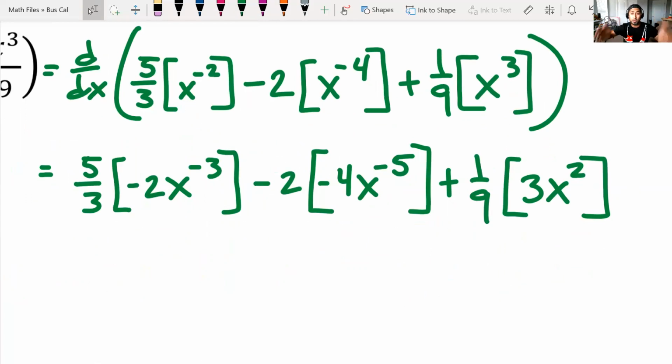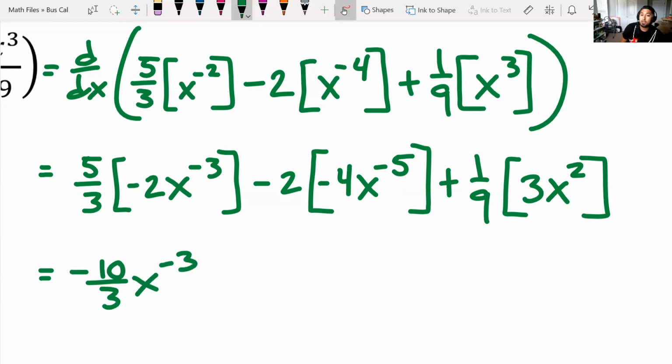Calculus is done. The rest is purely algebraic from here. No more calculus involved. We're back in algebra. So 5/3 times negative 2 is negative 10/3 x to the negative 3.